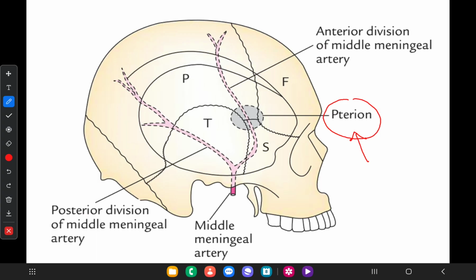Once the arterial injury occurs, blood gradually accumulates in the extradural space. Initially, the symptoms may be confusion and irritability, but later on there is hematoma formation and it can exert pressure on the underlying precentral gyrus, causing hemiplegia.